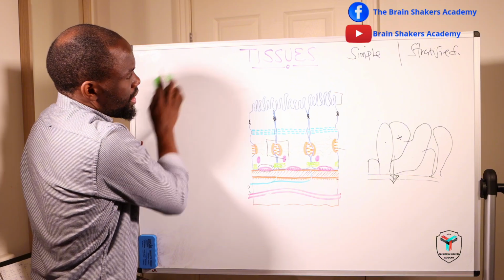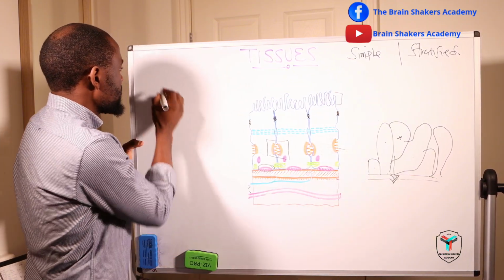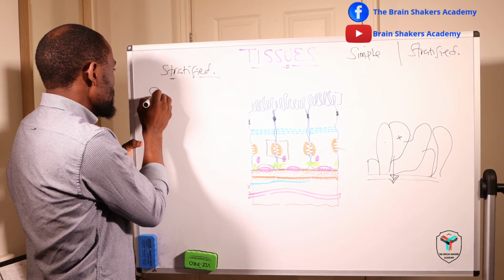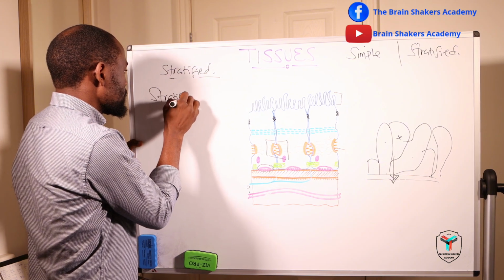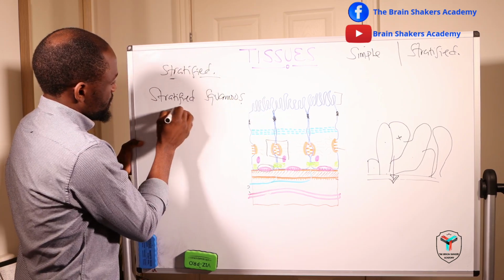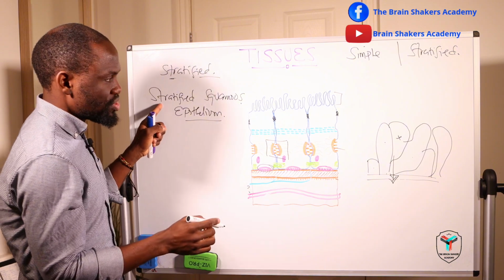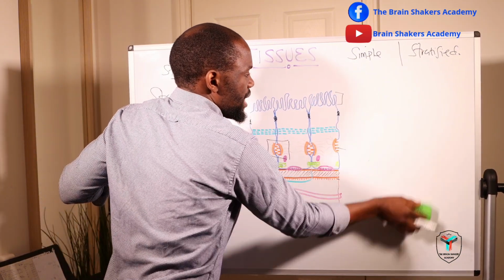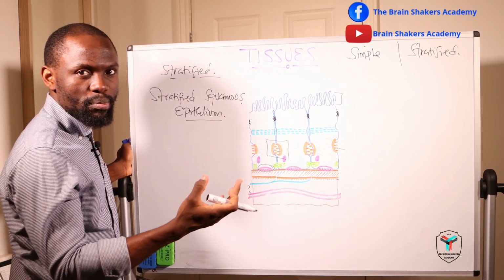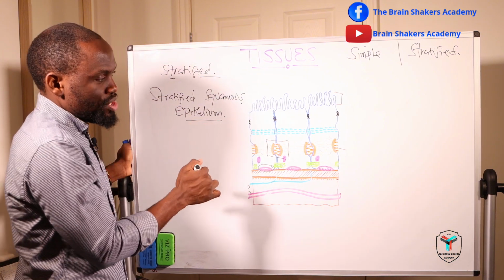Now, for epithelium that is stratified, in most cases you're going to have what is referred to as a stratified squamous epithelium. Now, you must also note that this is stratified. So it means that we are following the second method of classifying epithelial tissues, where we are classifying the epithelial tissue based on the superficial layer of the tissue that we're looking at.